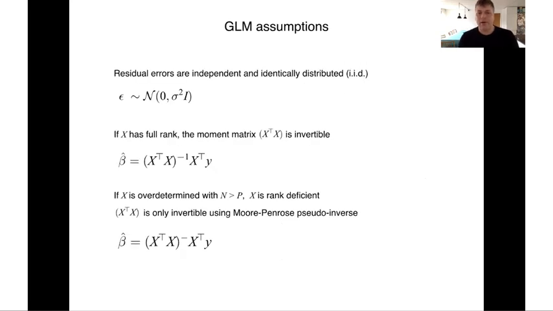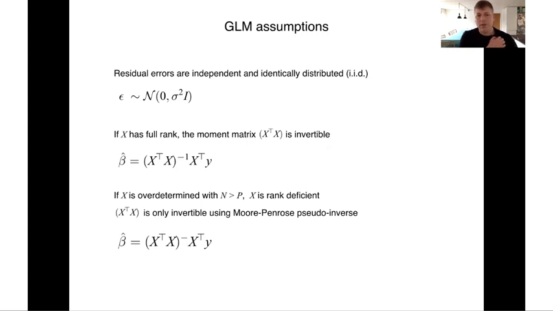So let's look at the assumptions behind the GLM and a few conditions that are necessary for the inversion of the GLM, for the estimation of the parameters. So first of all, we assume that the residuals, epsilon, are normally distributed and that they are independent and identically distributed.